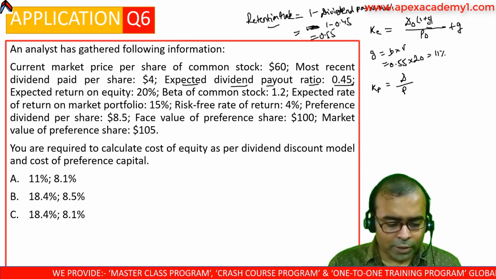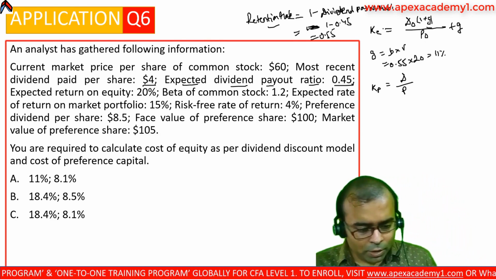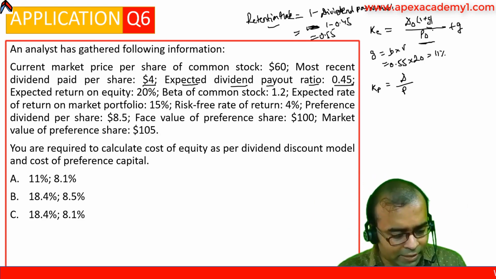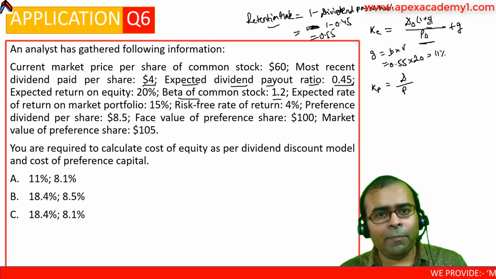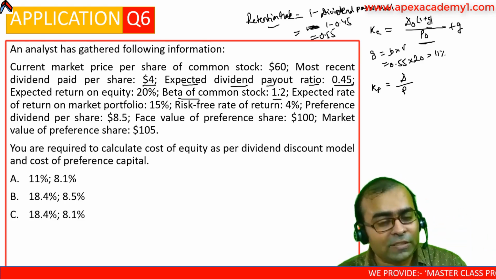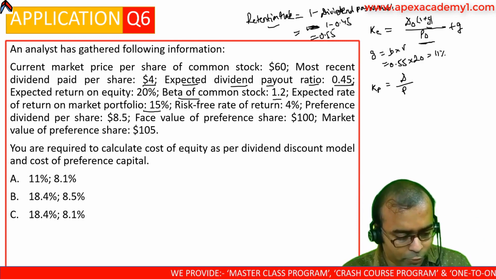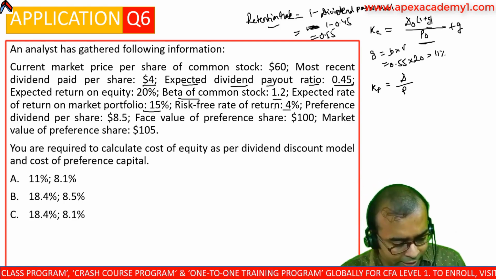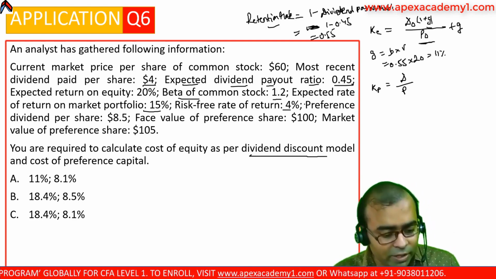Now you get your growth rate. You already have your dividend amount, which is 4. You need the price of the share today only as an input. They gave you beta of common stock. It's irrelevant. Beta is used in CAPM. Expected rate of return on market portfolio, risk-free rate: these three things, I don't think they hold any importance in case you are asked to calculate anything as per the dividend discount model.